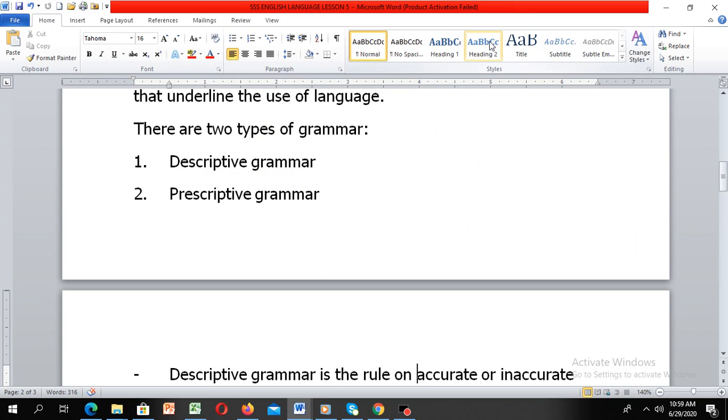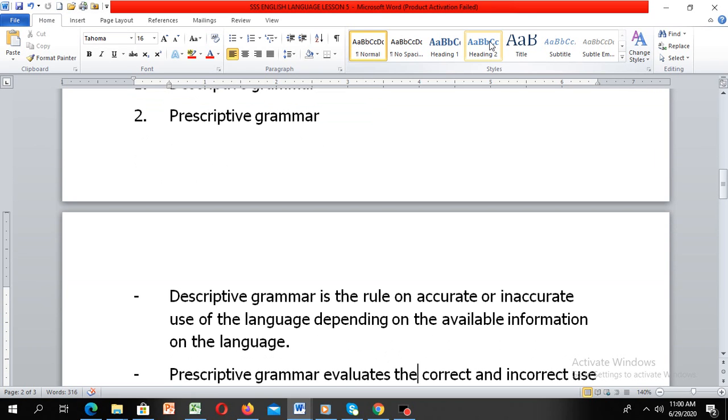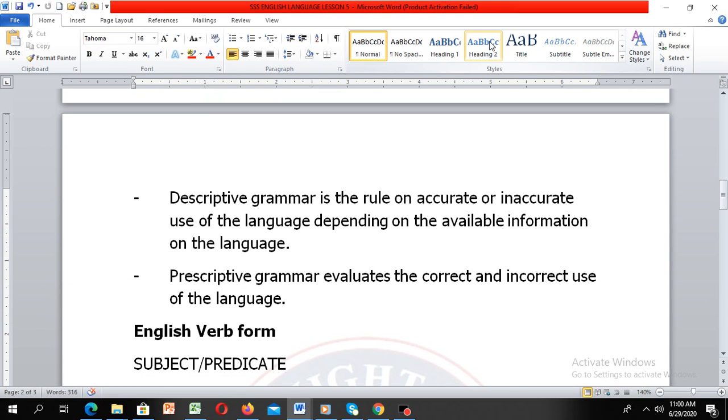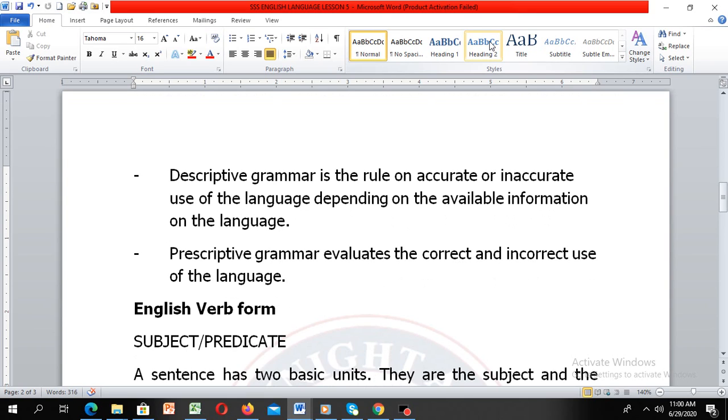Then we have two types of grammar. Number one, we have descriptive grammar. Number two, we have prescriptive grammar. What is a descriptive grammar?